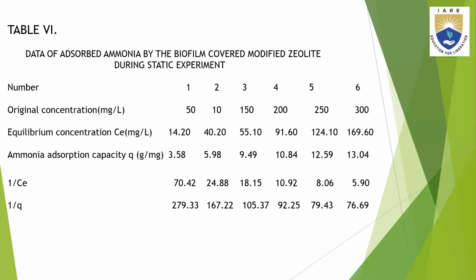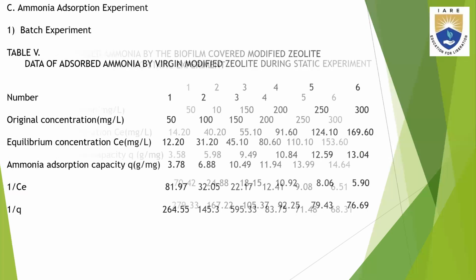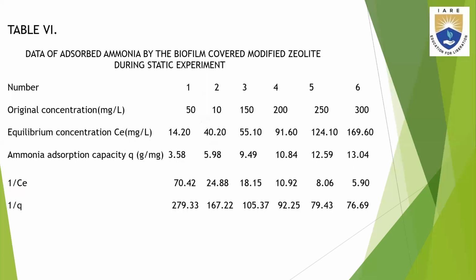Table 6: data of ammonia adsorbed by the biofilm covered modified zeolite during the static experiment. Original concentration: 150, 210, 3) 150, 4) 200, 5) 250, 6) 300. Equilibrium concentration C: 14.20, 40.20, 55.10, 91.60, 124.10, 169.60.